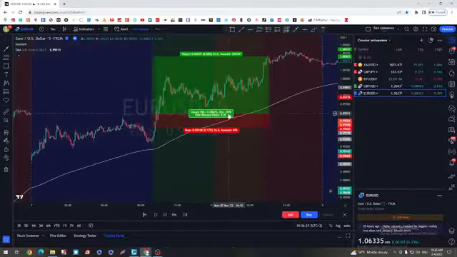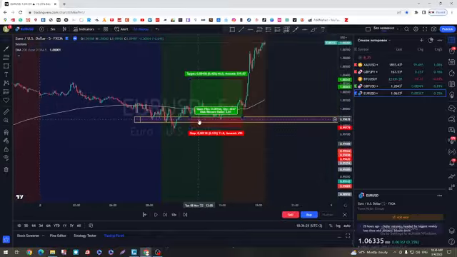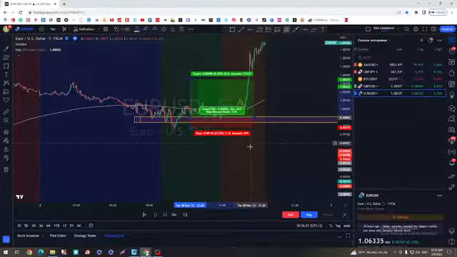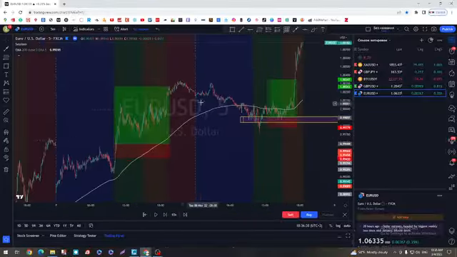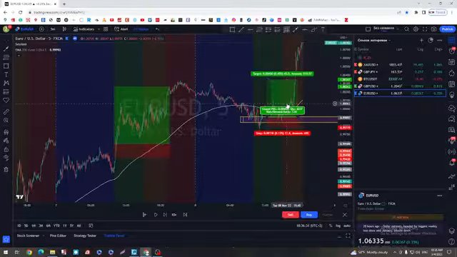Then we got 4 R, and then 3.81. So we basically got like 8%, let's say 8%, in a couple of trades.